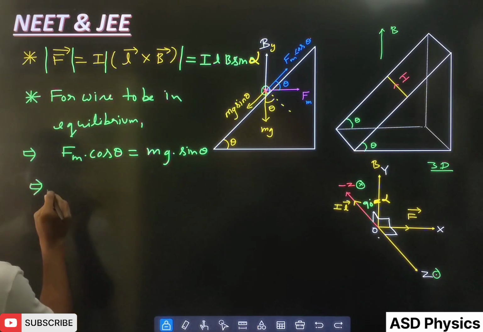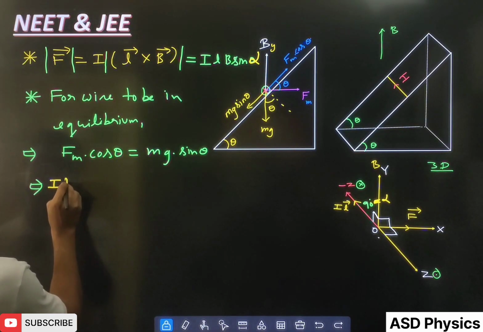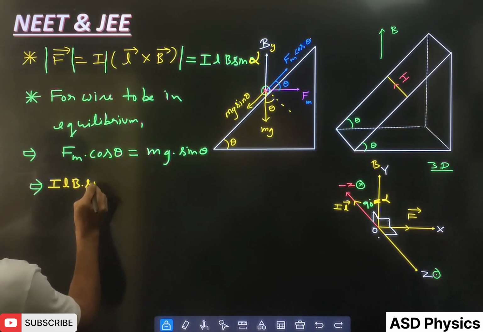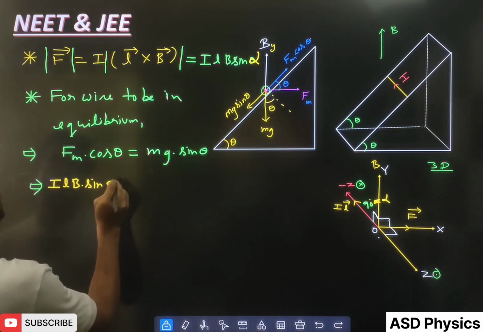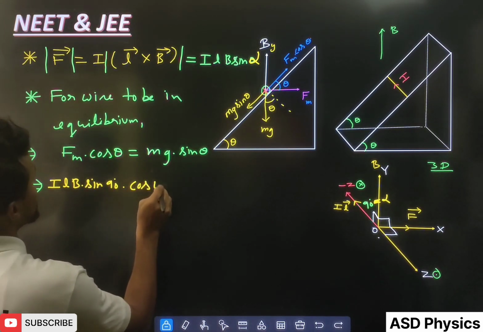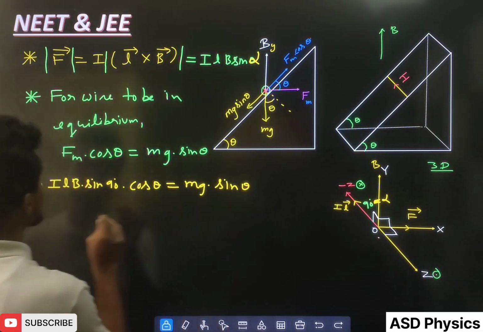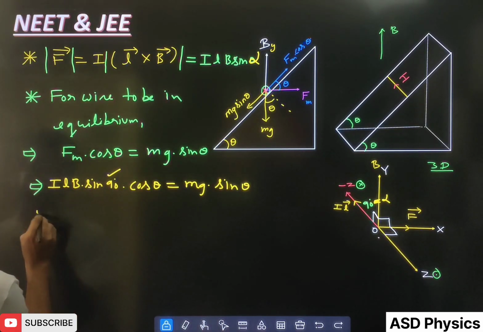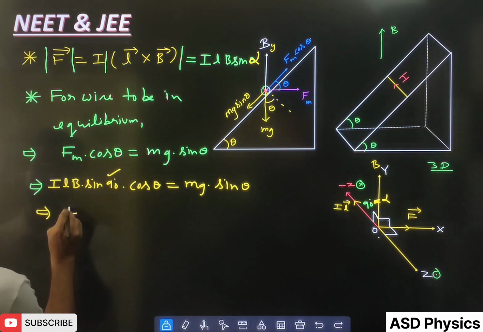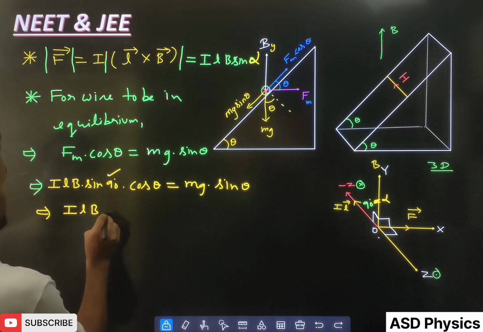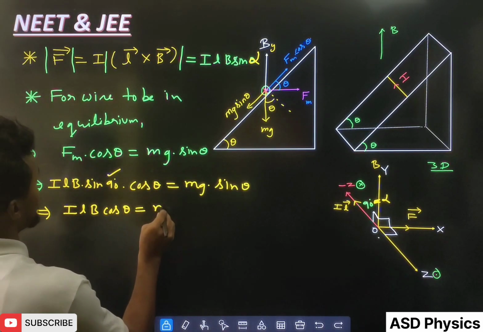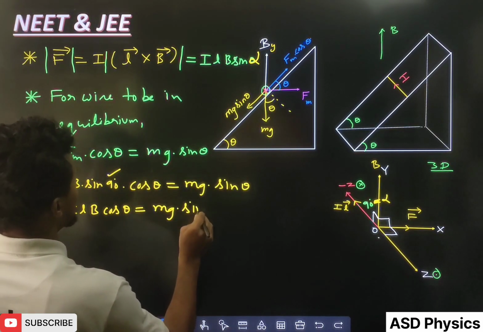So what will happen is, this will be given as ILB sin alpha, that is sin 90 degree, into cos theta is equal to mg sin theta. Anyhow, this is the alpha value. So from here I can write ILB cos theta is equal to mg sin theta.